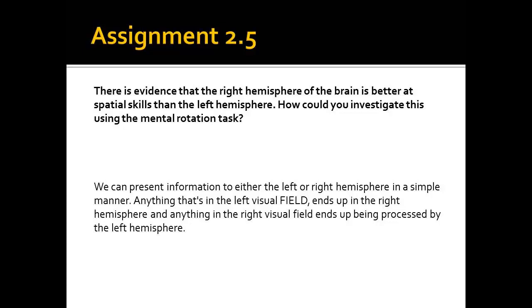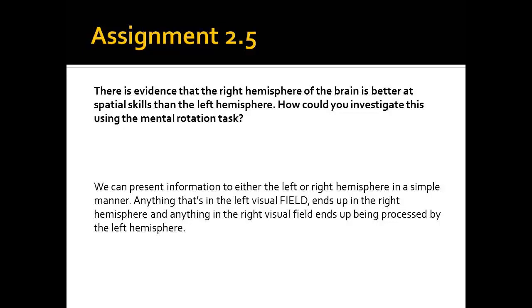Well, we can present information to either the left or the right hemisphere in a very simple manner. Anything that's in the left visual field ends up in the right hemisphere, and anything that's in the right visual field ends up being processed by the left hemisphere. So we must ask participants to focus on a central fixation point, and we will present items either to the left or to the right of that fixation point, thereby forcing the stimuli into the respective visual fields.